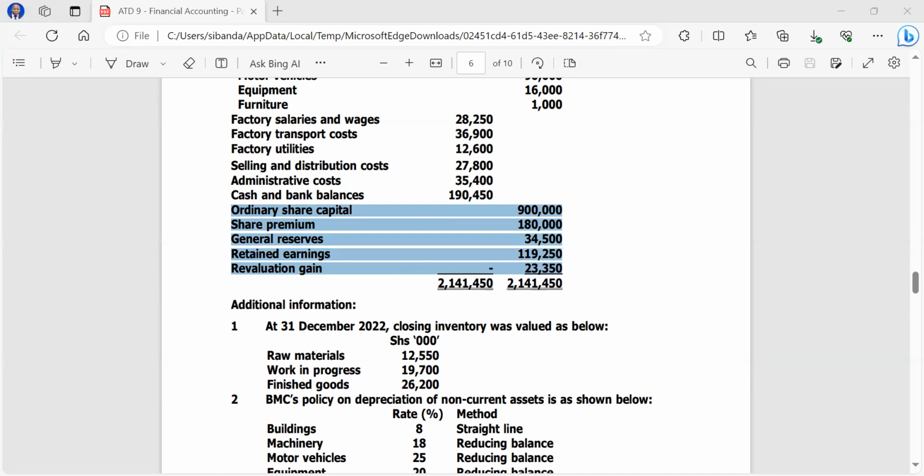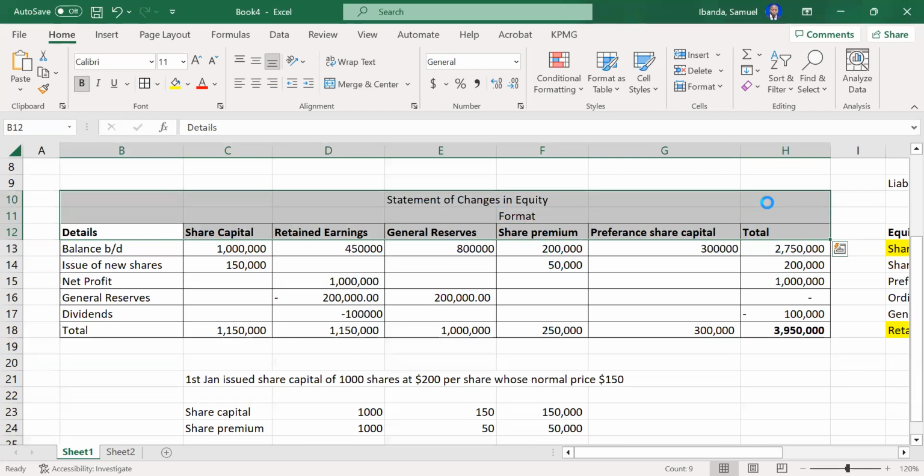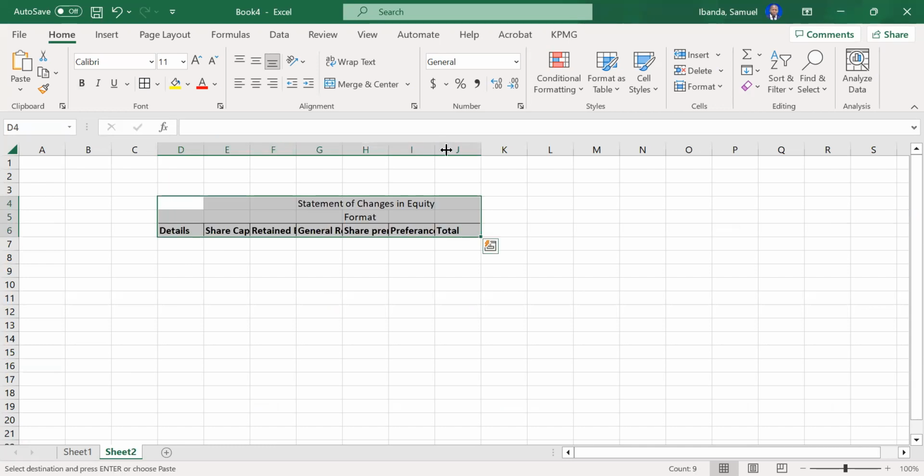That revaluation is also an item of equity. So what we are going to do in this case is I'm going to get those items as how we have them there and now move them to my Excel. So I'm going to leverage on this. And then I'll be able to adjust it accordingly.